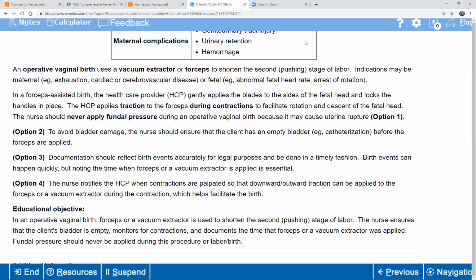Since mom can't push because she's too exhausted, you're going to palpate the contraction, notify the doc, and then he'll use the vacuum or the forceps to assist mom's pushing during the contraction to help extract the baby.